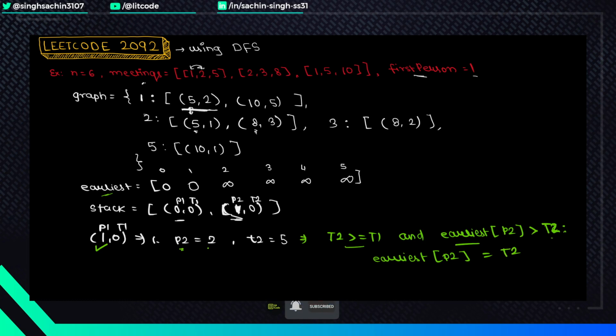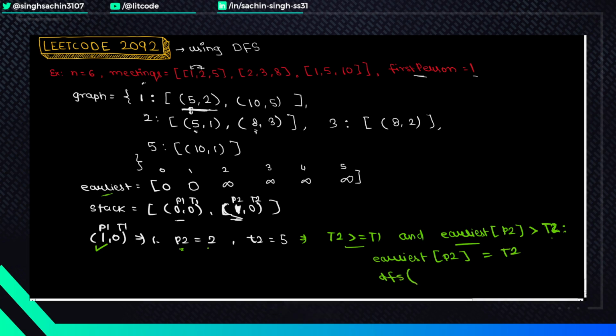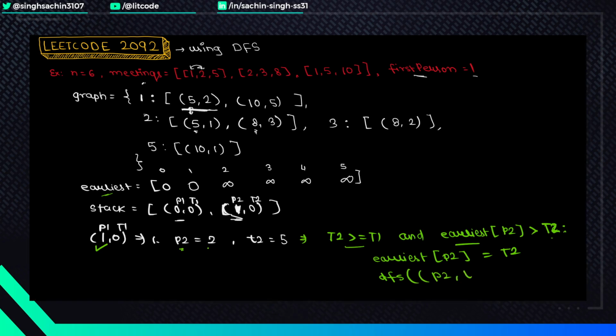Okay, because this is the latest time we got, and we will add this combination, which is your next person P2 and T2, in our stack. So now it has, let me do this, it has 2 and 5.